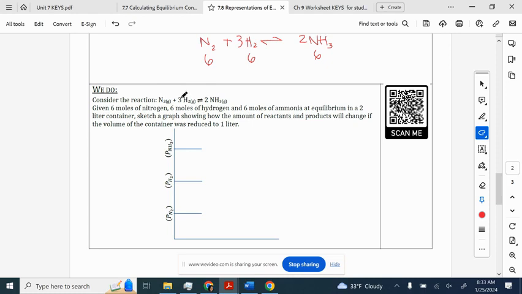Do you see over here on this side of the reaction that I have 4 moles of material? 1 and 3. That's 4. If I reduce the size of this container, my equilibrium is going to shift in this direction. It's going to form more of this stuff. Why do you think that would be?